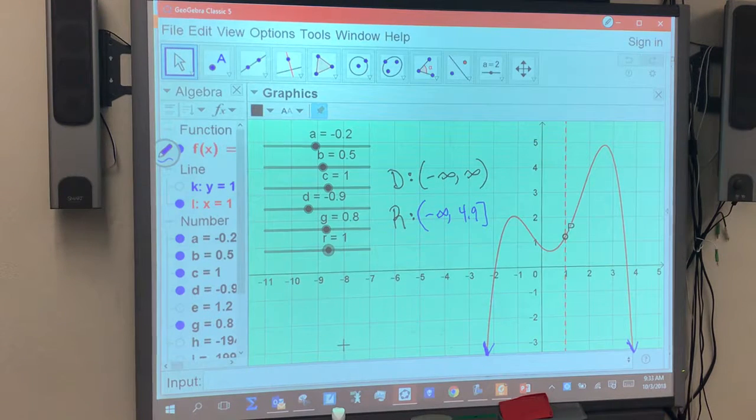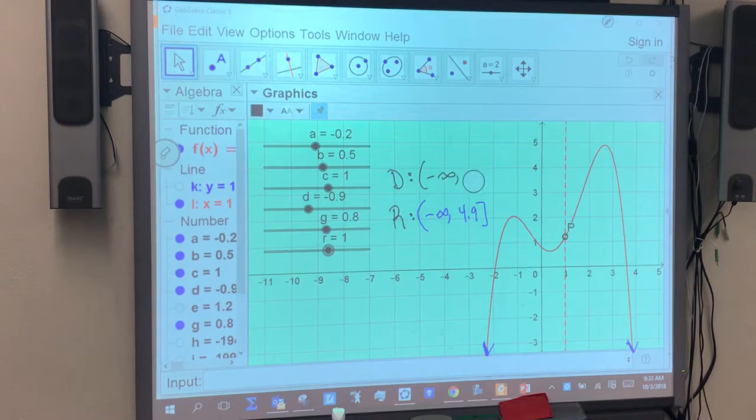When I get to there, is that an input value? Can I get something back out? No. So in my domain, if there's a hole there, I need to tell everybody that you cannot use 1. 1 is not an x value that is available to us.